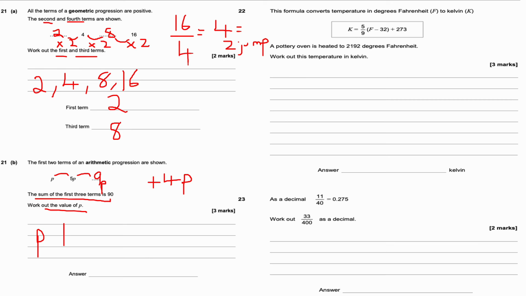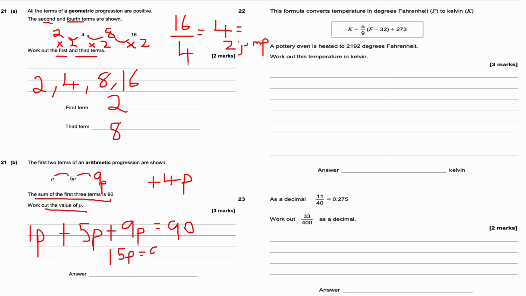So p plus 5p plus 9p has to equal 90, by definition, because the sum of the first 3 terms equals 90. Rearranging the left hand side here, collecting like terms: 1 plus 5 is 6, 6 plus 9 is 15, so 15p is equal to 90.